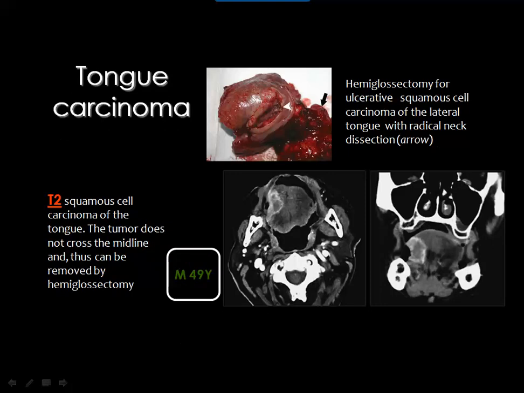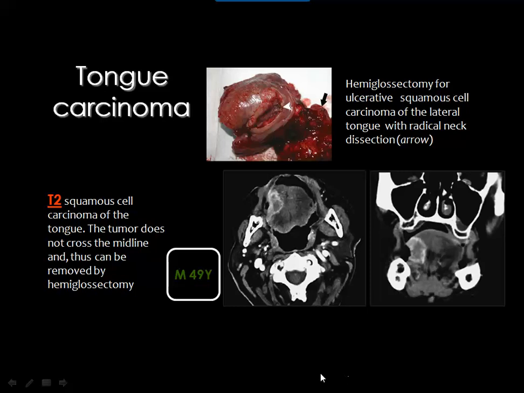This is a lesion which is located in the right side of the tongue, both in the axial and the coronal planes. The midline fat is intact and the tumor did not cross the midline and thus can be removed by hemiglossectomy, as you can see.